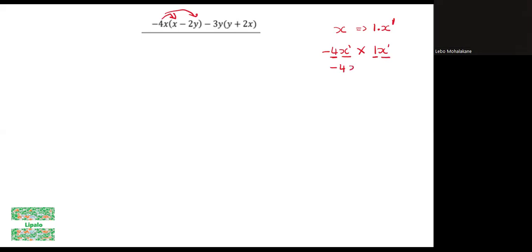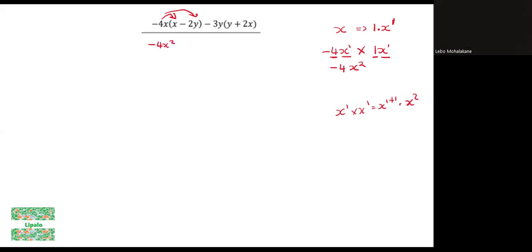If they are the same base, this is the same as x exponent 1 times x exponent 1, which is x exponent 1 plus 1, which is equal to x exponent 2. So that's what we have as our first term there, negative 4x exponent 2.